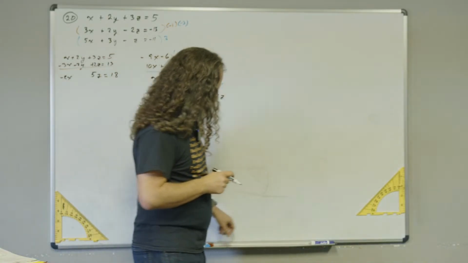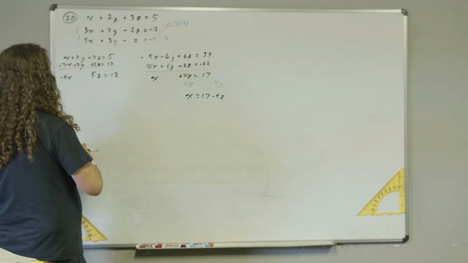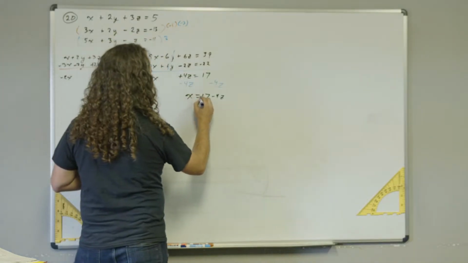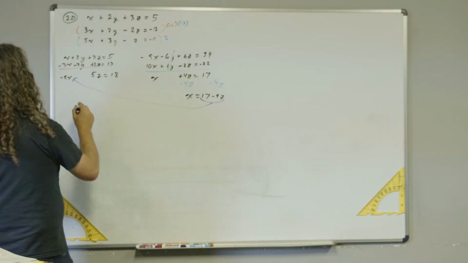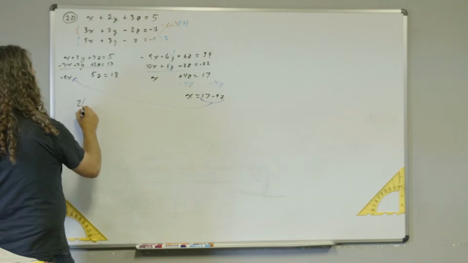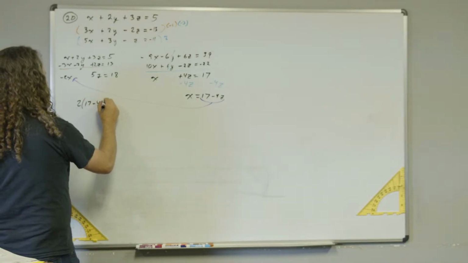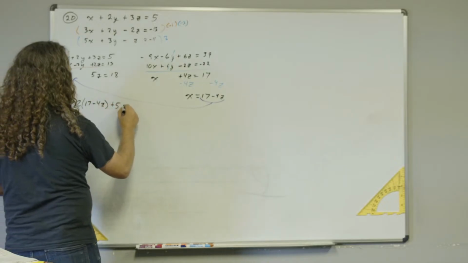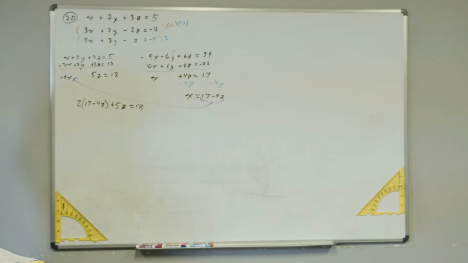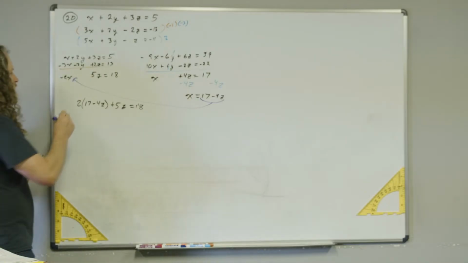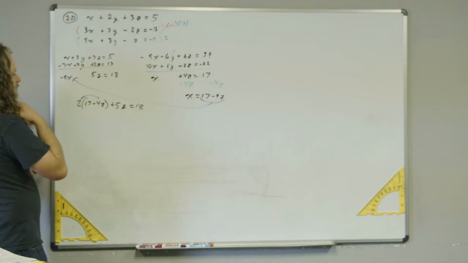Now this guy over here: 2 times 17 minus 4z plus 5z equals 18. Distribute the 2. What is that, 34?